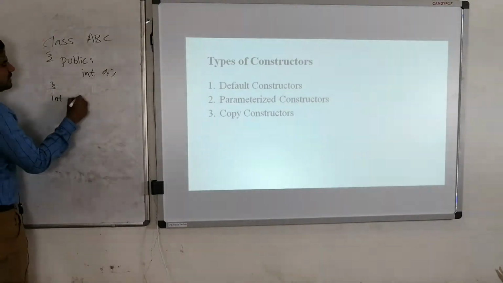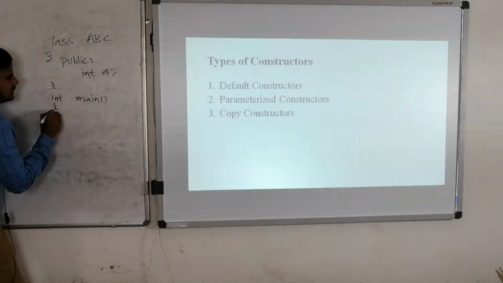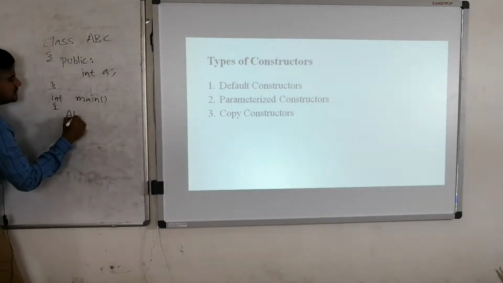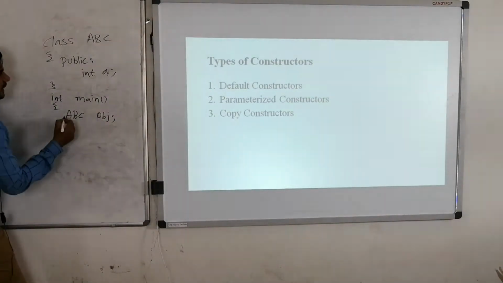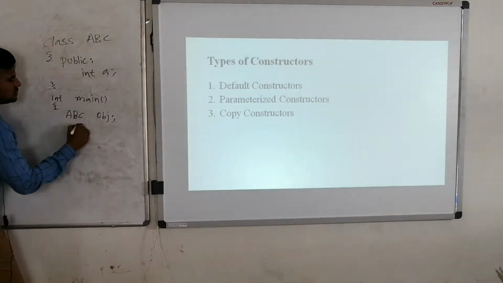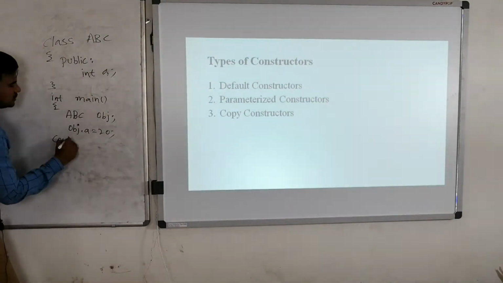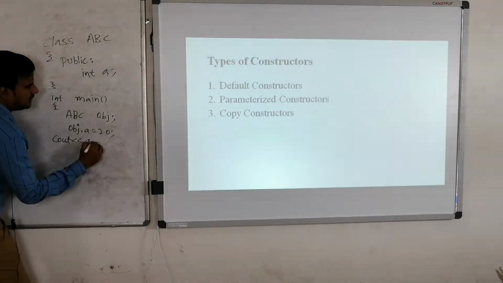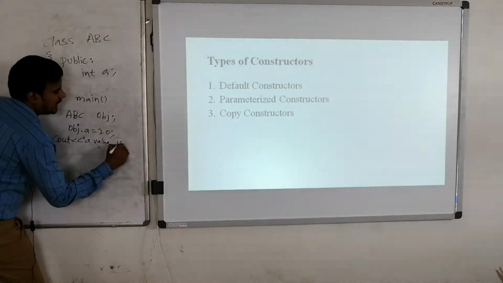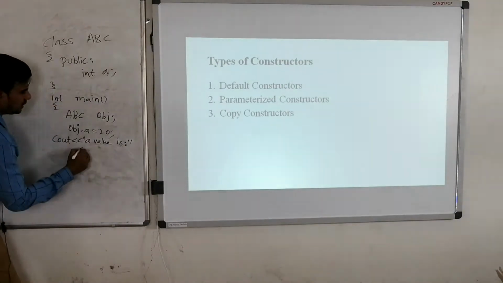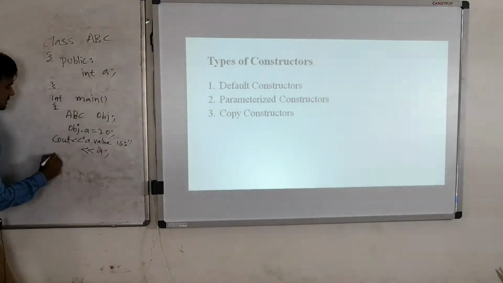Then write int main, take the class name ABC and an object, then use that object to initialize the variable to 20. Then print that value: cout, a value is, then print the variable a.